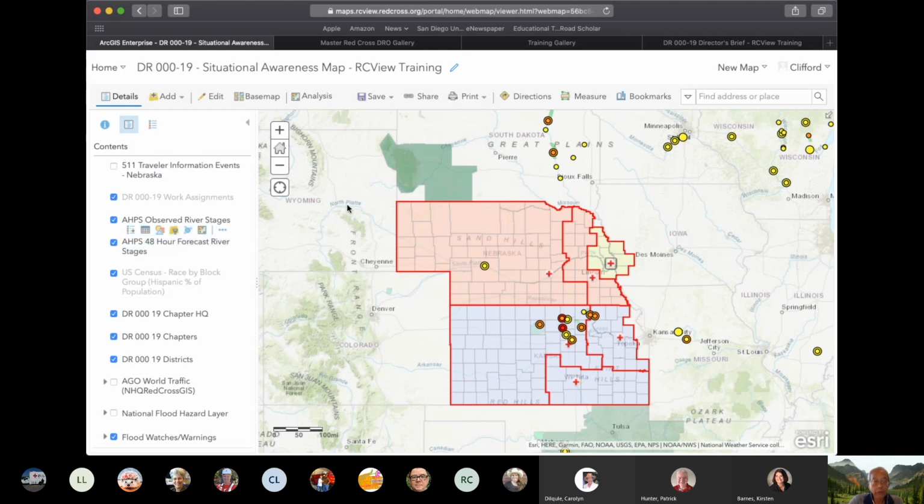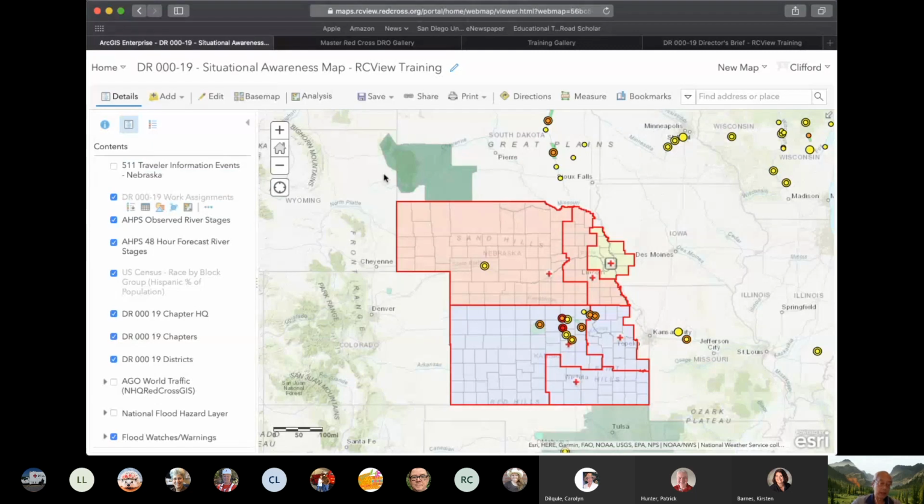So this should look very familiar, because this is the underlying map to that web app. The layers that I was showing up here are presented here. These are the same ones. Now, why do we have this rather than a web app?